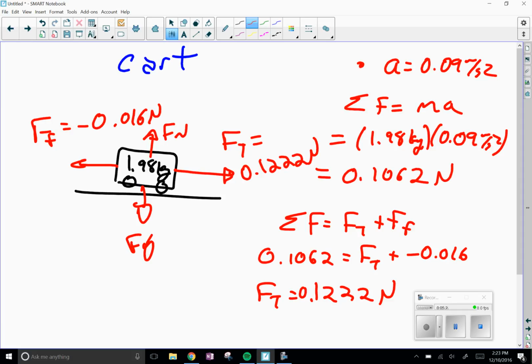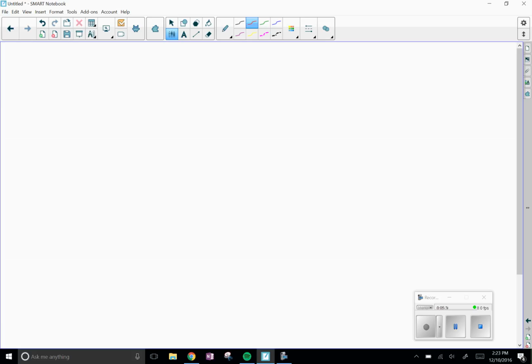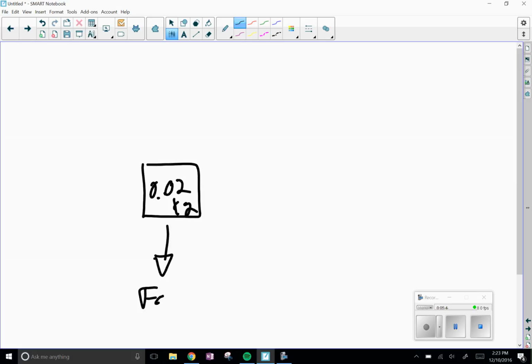And then finally, we have to look at the hanging mass. Again, the hanging mass is going to be affected by tension, so hopefully we'll get the same tension value. Here's my hanging mass. The hanging mass was 0.02 kilograms. Gravity is pulling it down with a force of 0.196 newtons, and there's a tension force that we need to find.